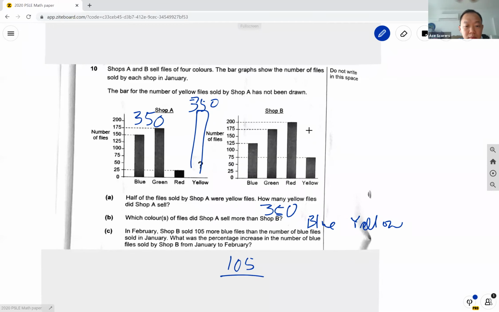Let's go by B from January, with respect to 150 times 100%. So 105 over 150 times 100. Wait a minute, double check.